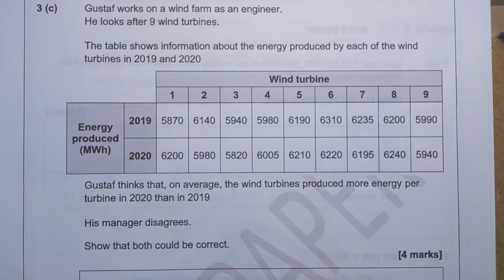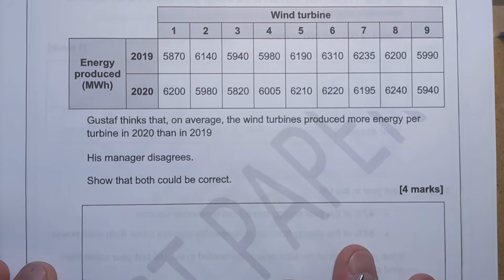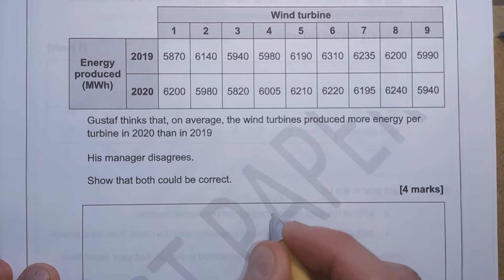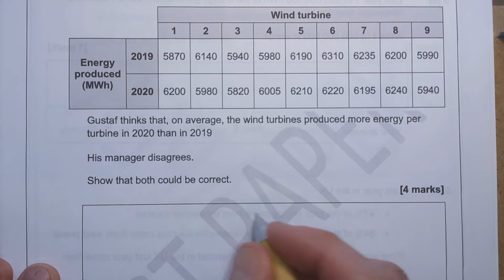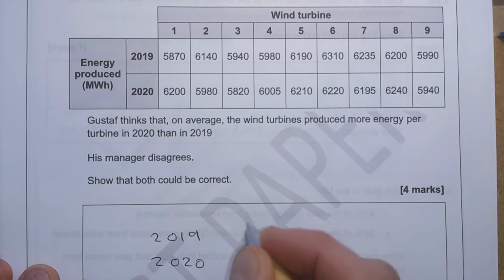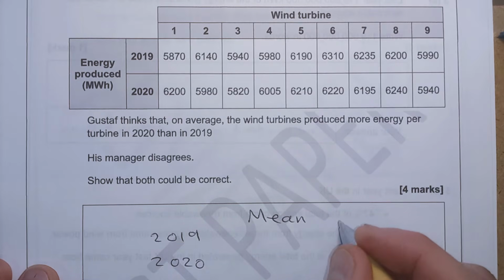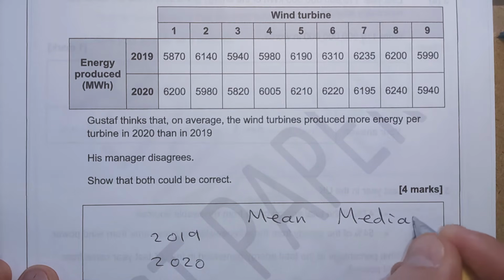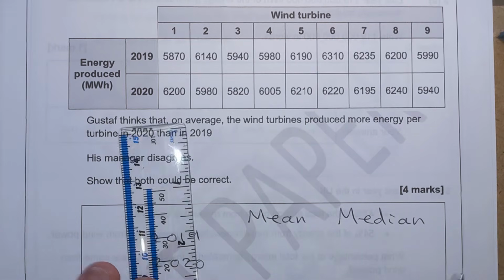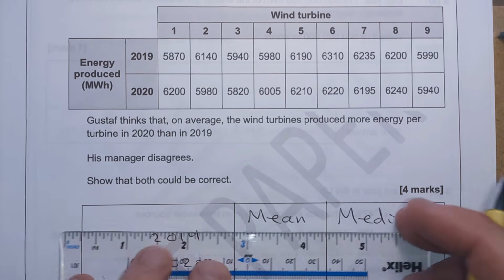Now let's move this up a bit here, and then I'm going to show what we're after, because we can still keep our 2019 and 2020, and then we're going to have our mean and our median. So I'm just going to turn this into a little table. This is where all of our results are going to go.